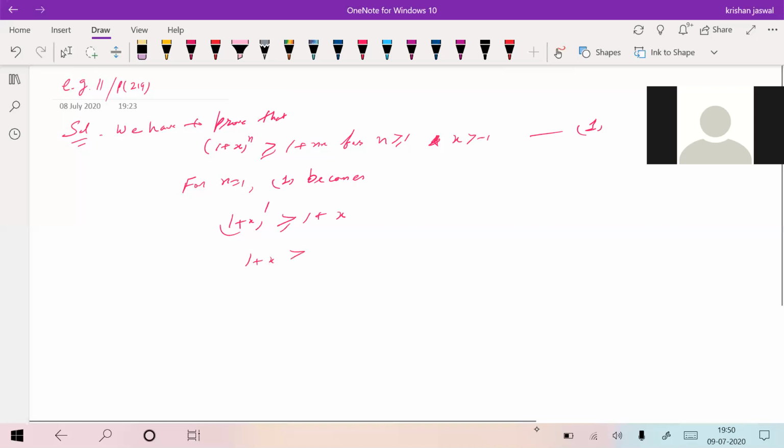That is, 1 plus x is greater than or equal to 1 plus x, which is always true.